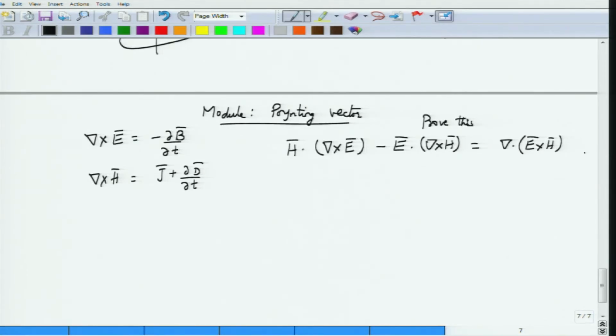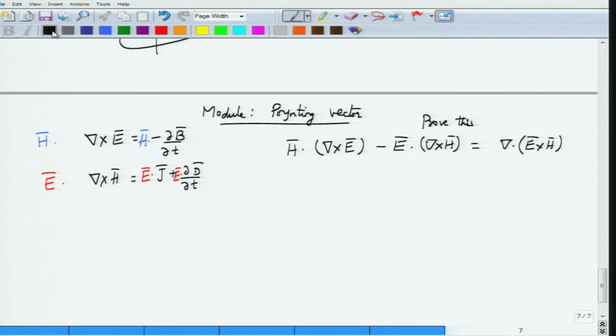Accordingly, if I dot with H on both sides, I get H dot del cross E, and if I dot with E on both sides here, I get E dot J, and then E dot del D by del t. And then I use this vector identity by subtracting the second expression from the first expression.